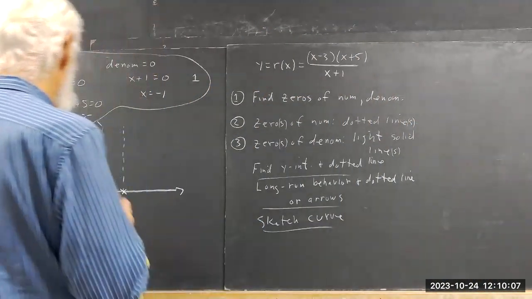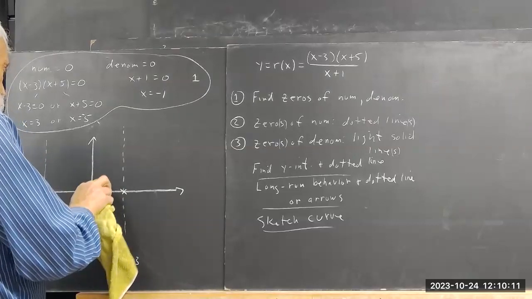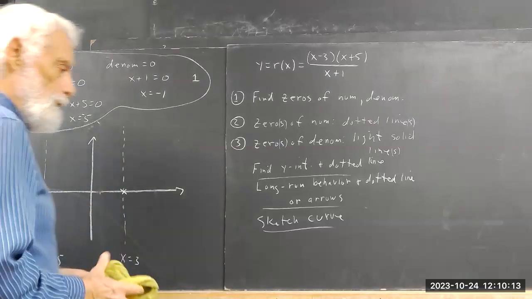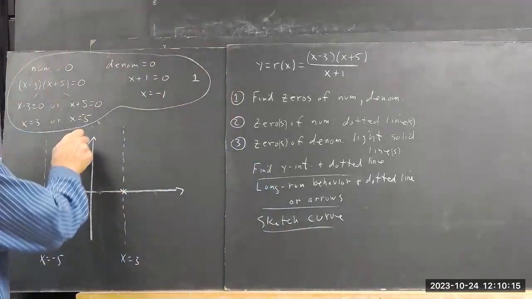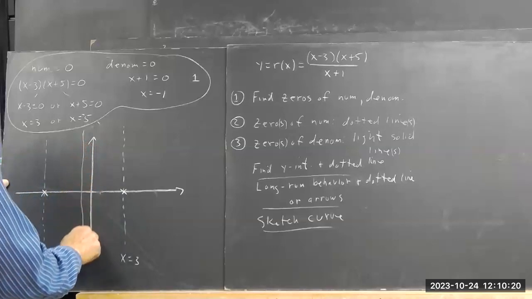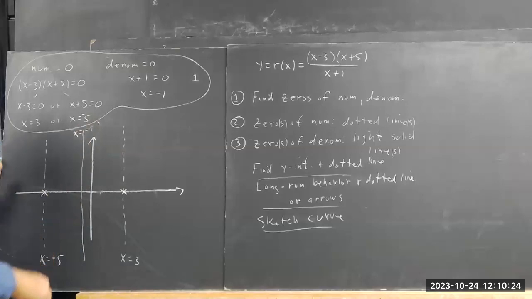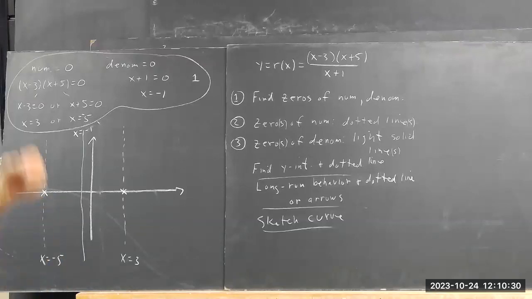I said -1, I thought -1. Something in my brain circuit made me do what I did. Here's a line x equals -1. And that's going to be an asymptote, a vertical asymptote.